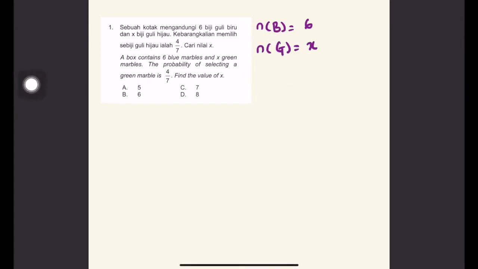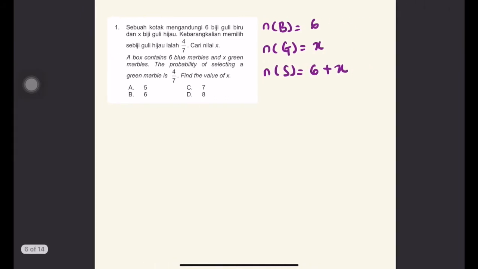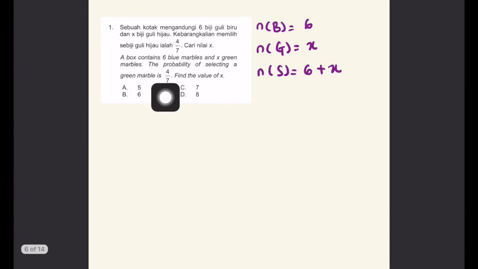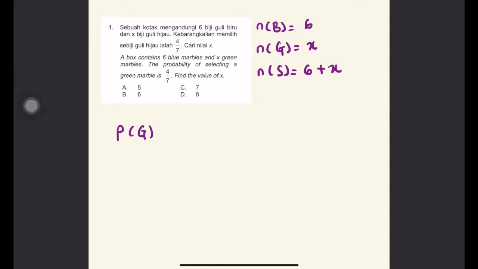So we know the number of sample space is blue plus green, which is 6 plus X. Given the probability of getting green marbles is 4/7, the formula for probability is: probability of getting green is the number of green divided by the number of sample space.